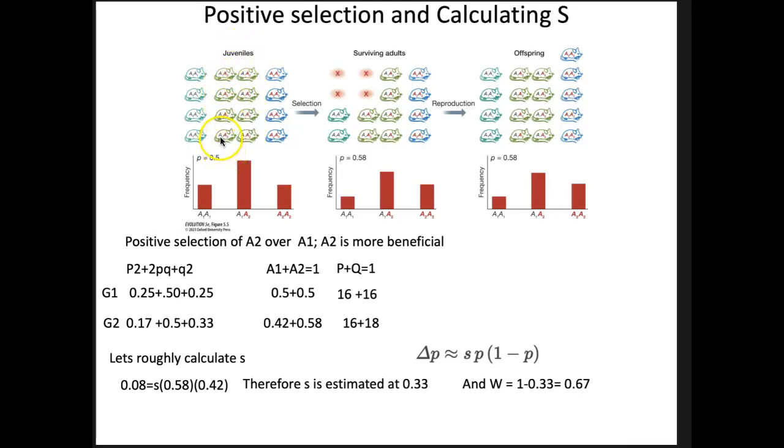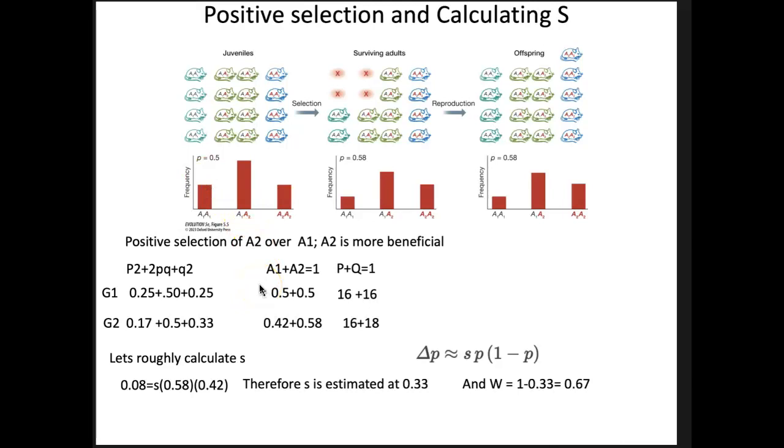So we have 8, and those individuals have A sub 1, A sub 2. And then we have 4 homozygotes of A sub 2. Now what we're going to see is a situation where A sub 1 was fixed in the population. So in this population of juveniles, A sub 1 was fixed.